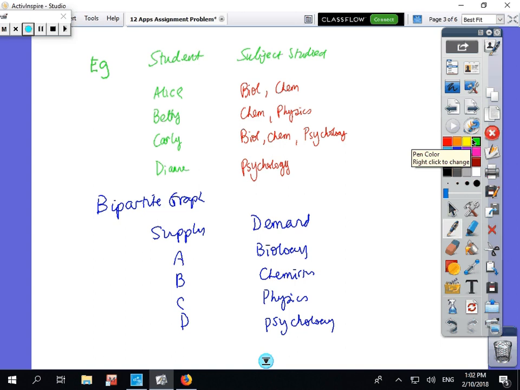For instance, Alice does biology and she does chemistry. Betty does chemistry and physics. Carly does biology, chemistry and psychology, and Diane just does psychology. So that's what a bipartite graph looks like. We're connecting them all up. Okay, straightforward.